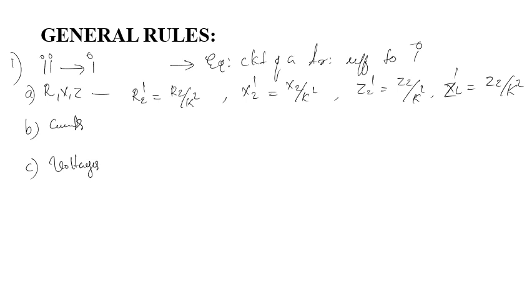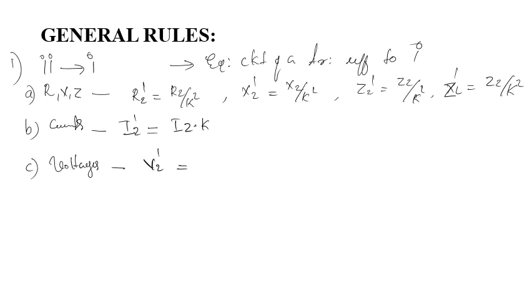These are the rules that you have to remember. If you convert all the currents from the secondary side to the primary side, we know that only one current is present, that is I2. If you transfer I2 to the primary side, then it is known as I2 dash. I2 dash is equal to I2 into K. That means we have to multiply I2 with K. And if you convert the voltages, what are the voltages? Load voltage V2. When it is converted to the primary side, it will be known as V2 dash.